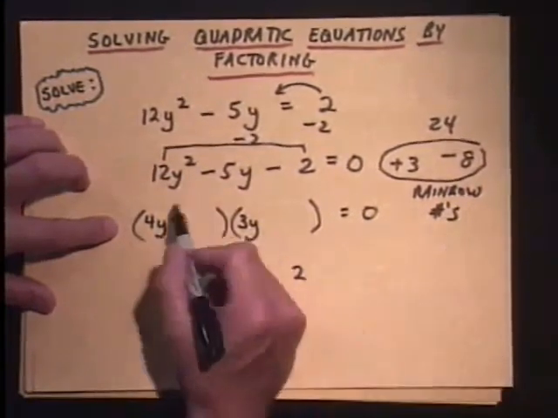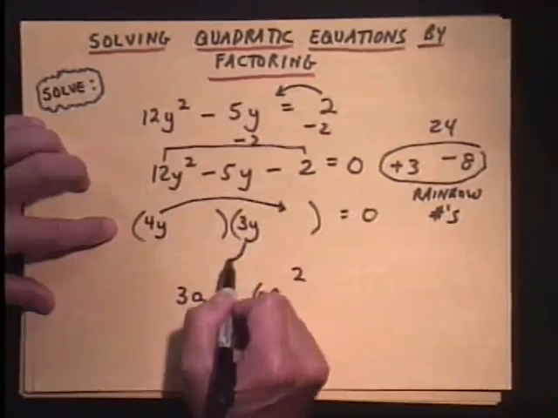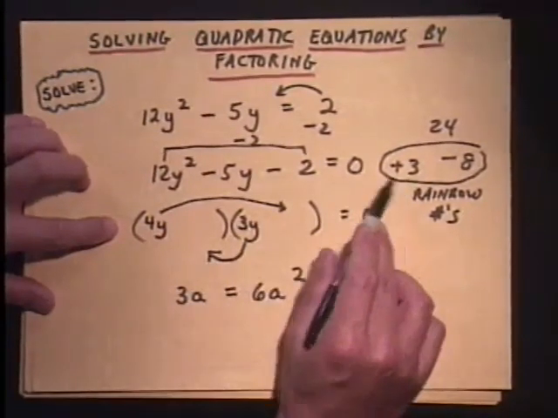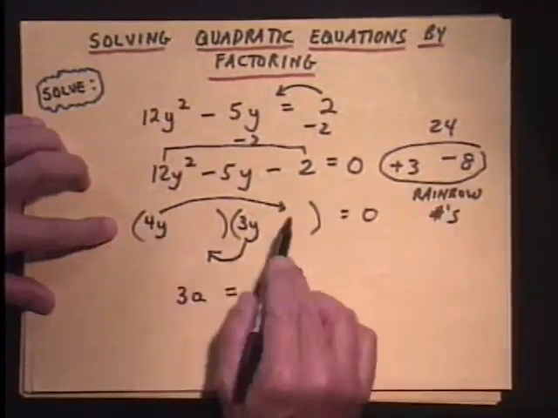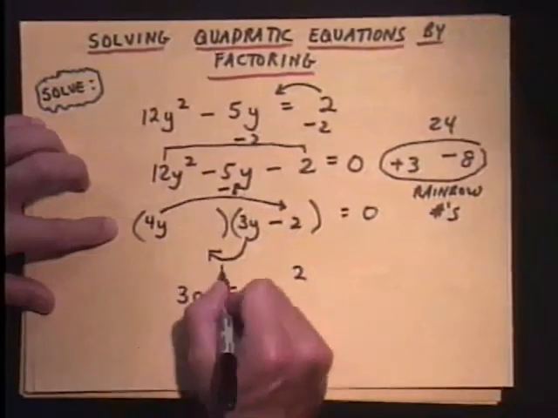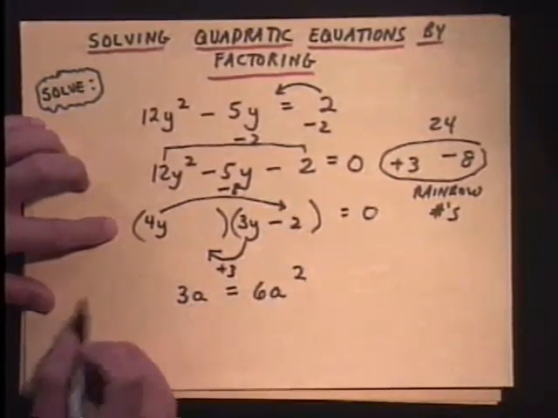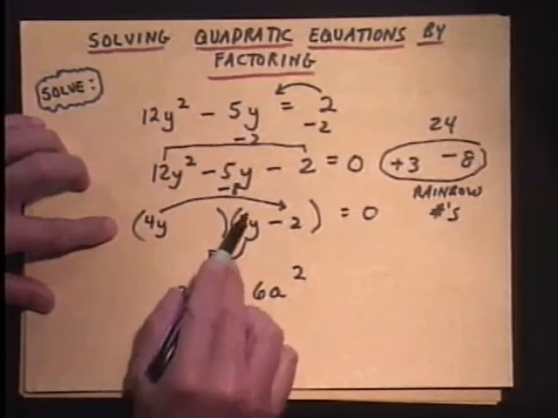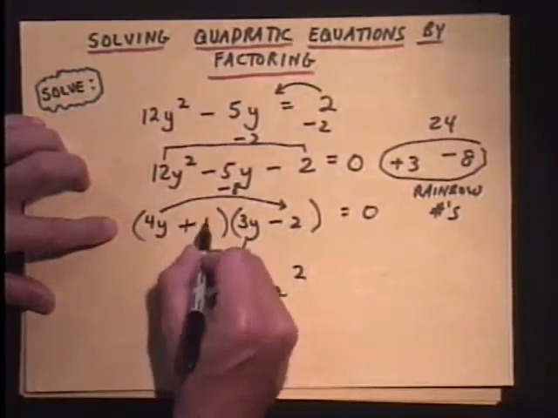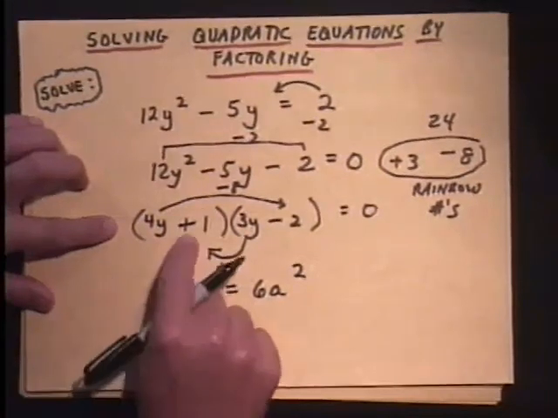Rainbow numbers. So let's make our rainbows. 4 times what gives me a plus 3? Nothing. So it must be the minus 8. 4 times a minus 2 gives me the minus 8 on top, which means I'm going to get the plus 3 on the bottom if I know what number to put right there. And since these go together, 3 times what gives me a plus 3? Plus 1. All right, so now I've got it factored.